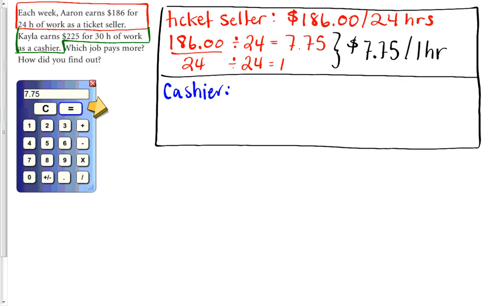Exact same idea. We want to know what our initial rate is. We've got $225 per 30 hours. Convert that again into our nice little easy to use fraction model.